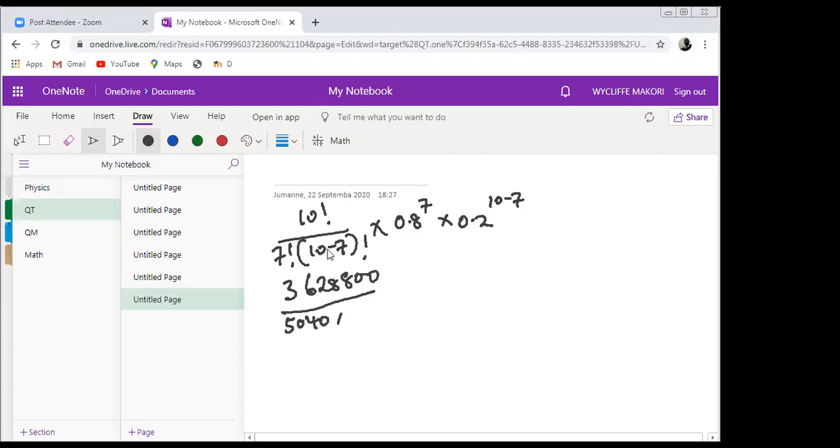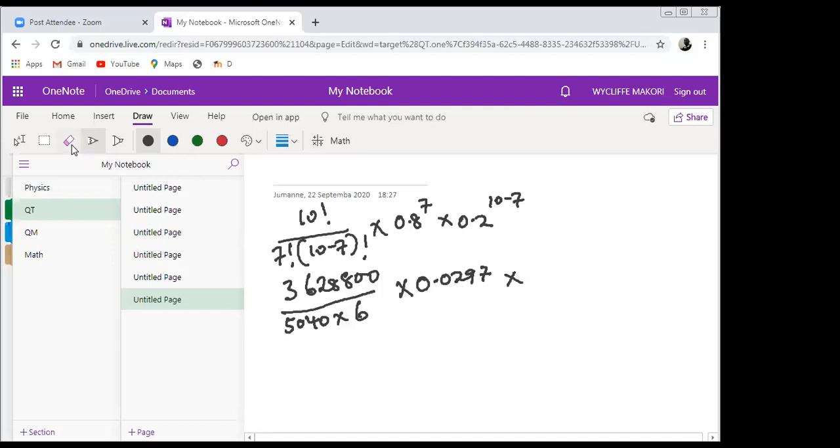Then you times 3 factorial, which is 10 minus 7 factorial, and 3 factorial is the same as 6. Then this one we multiply by 0.8 power 7. What is the answer for 0.8 power 7? 0.2097.